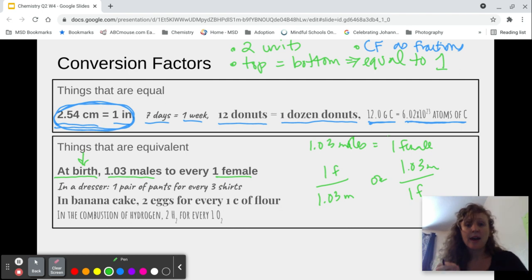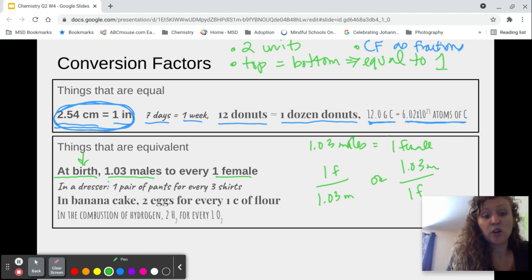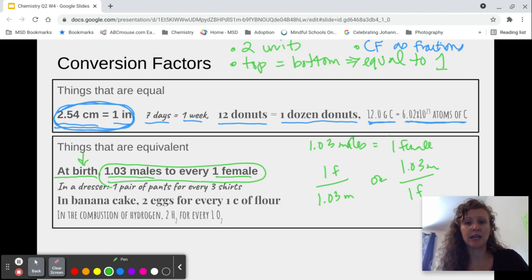So in that specific context, we can use that equivalence statement as a conversion factor. Now, in a different context, it's not true. If we look at humans at age 50, this ratio is no longer a true statement and we can't use it for humans at age 50, but we can use it within this context at birth.